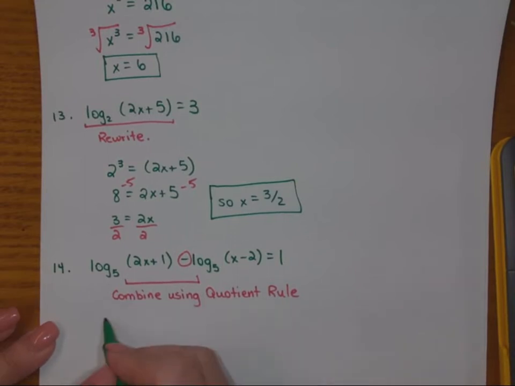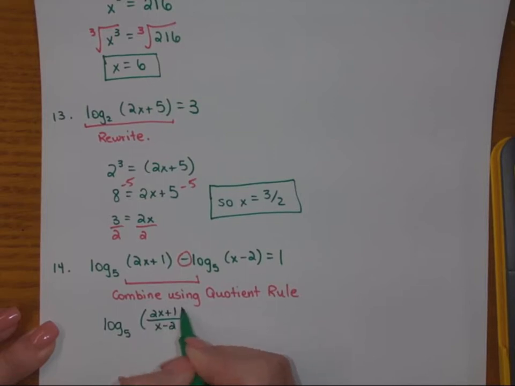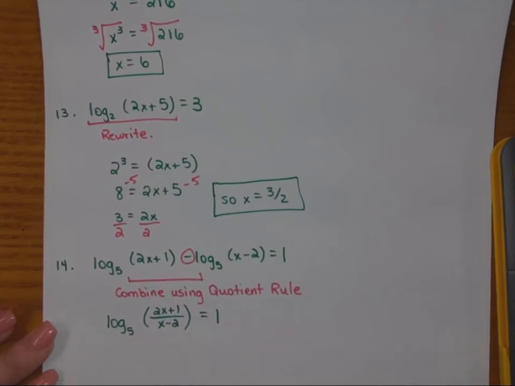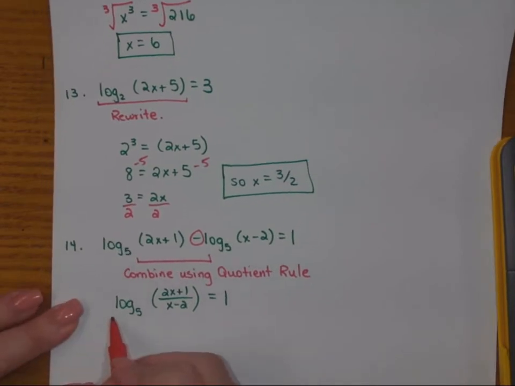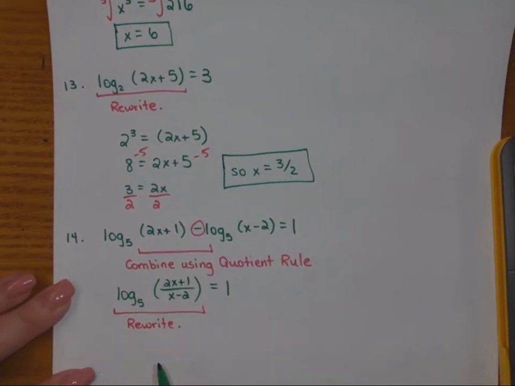So this is going to look like the log base 5, notice that doesn't change, of 2x plus 1 divided by x minus 2 equals 1. So now I just have something that can be rewritten. Now I can do my rewrite step because now I have a single logarithm. And the rewrite step again would be base to the answer power equals the other part.